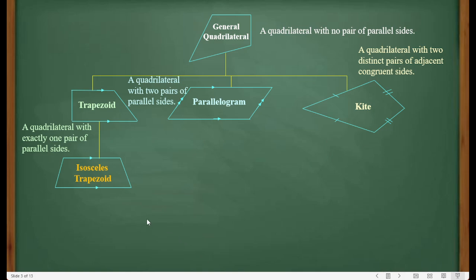Of course, it has a pair of parallel sides, but you will notice that the non-parallel sides here are actually equal in length as indicated by the slash marks, one for each of these non-parallel sides. So this is the reason why this trapezoid is called an isosceles. So this is the definition: a trapezoid with congruent non-parallel sides.